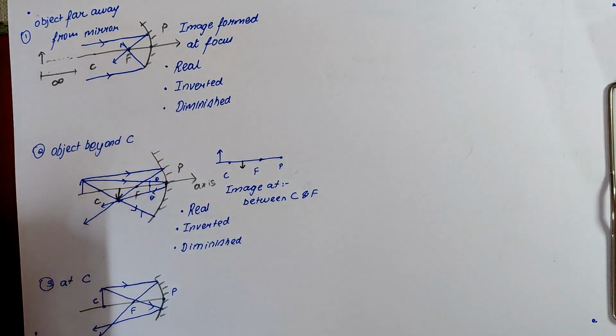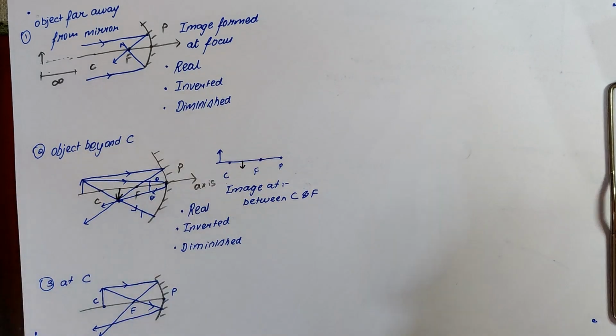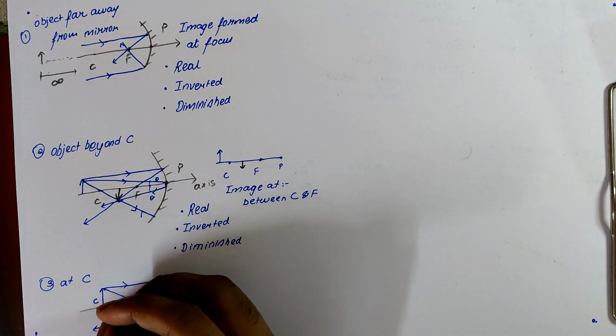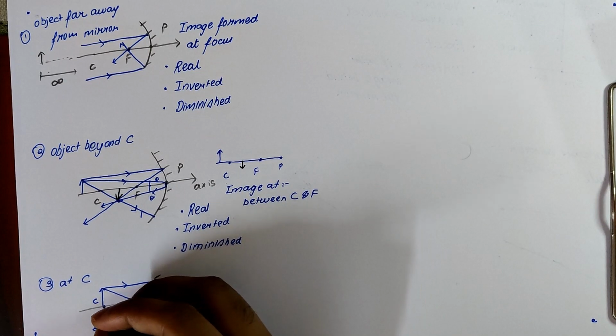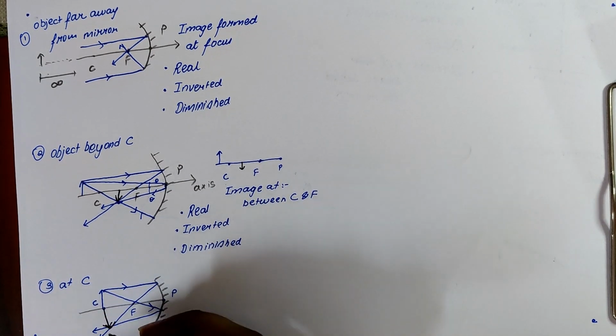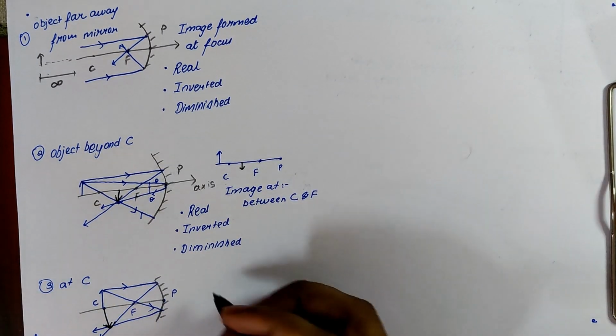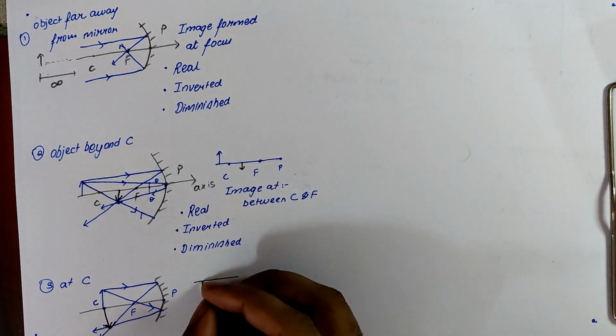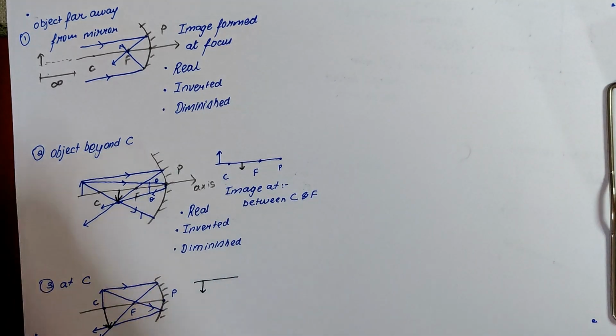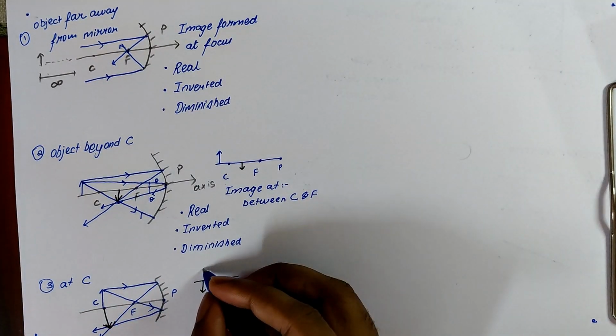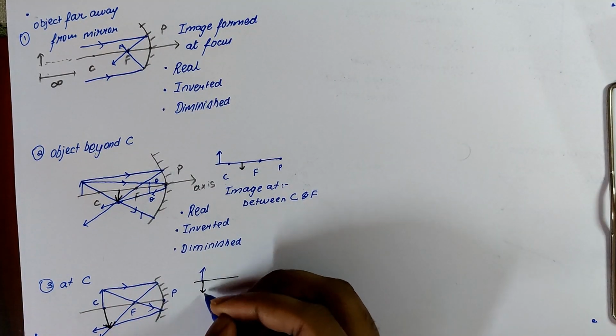Now I'm going to draw the image. The image is being formed at C itself. Now let me draw the image and the object. So this is the object, this is the image.